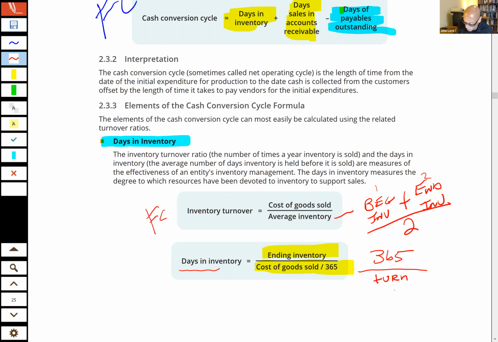And I don't mean Apple, I mean the inventory turnover. I just divide that by the turnover. That also gives me the days in inventory, how long something sits in inventory. Now, of course, if the problem doesn't give you the information to calculate the turnover, then I guess you'd have to do it this way, the way they showed you here. So flashcard that, but also realize that you could also get to the days in inventory this way as well.